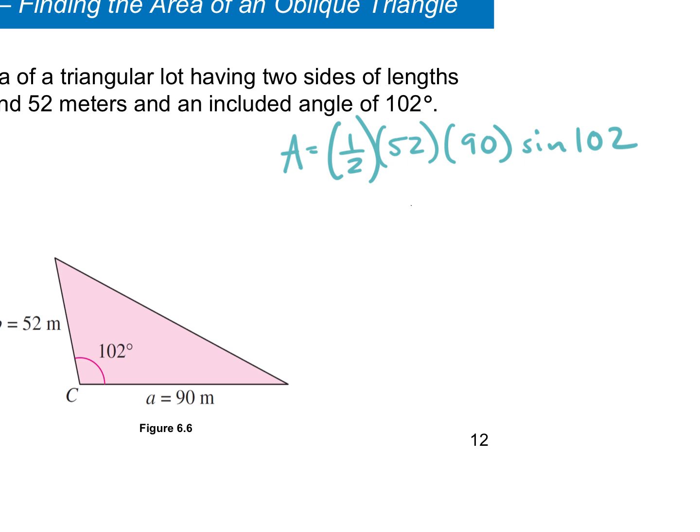So we have 1/2 times 52 times 90 times sine of 102. That'll give you an area of 2,288.9. What unit do we have here? Our area would be what? Meters squared, perfect. So that would be our answer.